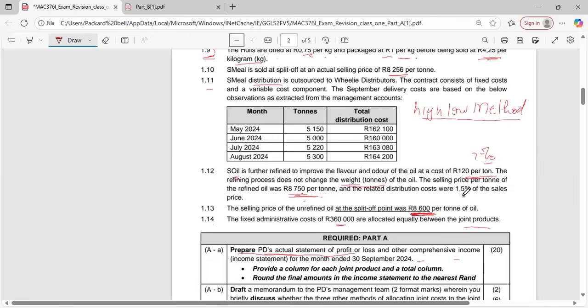What are we going to do here? 1.5% of the sales price. The sales price is 8,750 per ton. So 1.5% of 8,750 by the number of tons that were produced is going to give us the distribution cost.